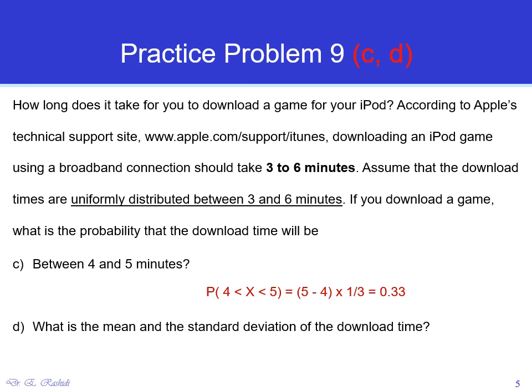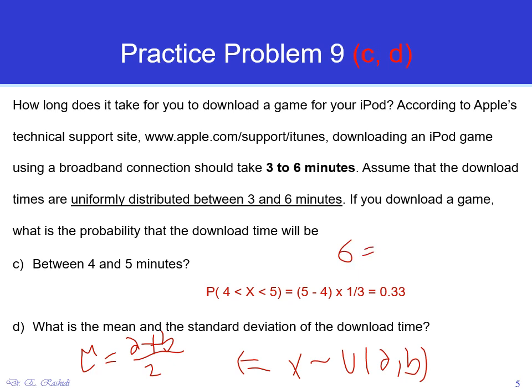If you have a uniform distribution with A and B, we know that the mean is (A plus B) divided by 2, and the standard deviation is the square root of (B minus A) squared divided by 12.